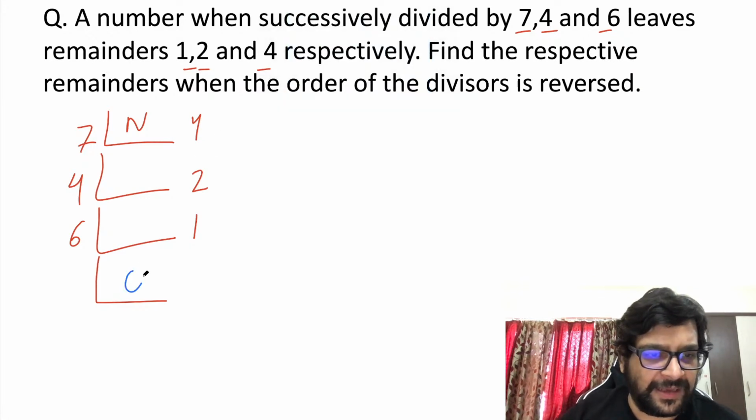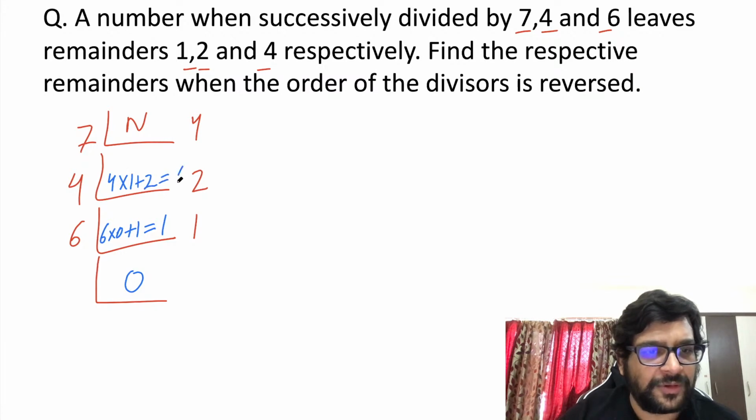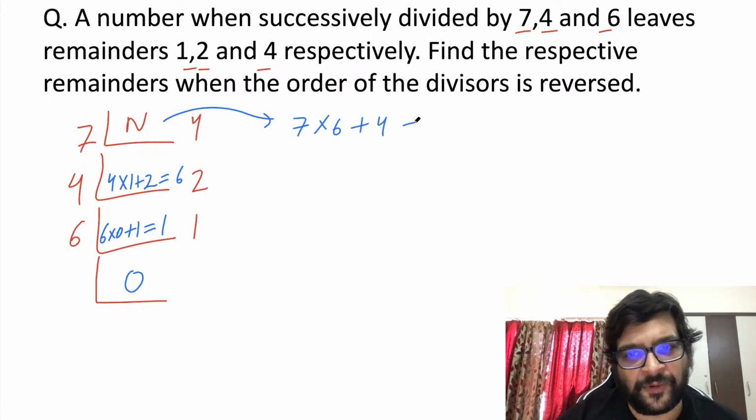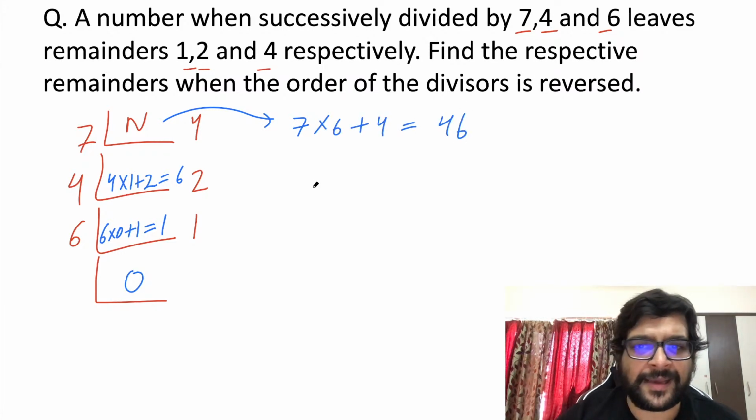So this will be 0. So this is 6 into 0 plus 1, which is 1. This will be 4 into 1 plus 2, which is 6. So n will be 7 into 6 plus 4 or 46.